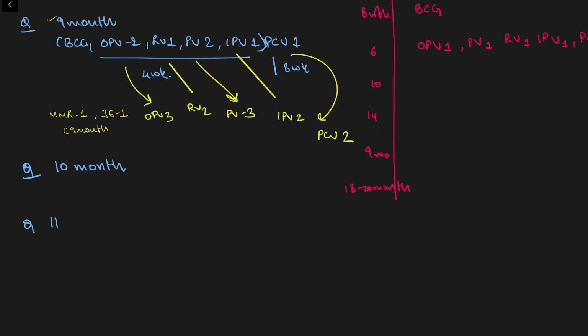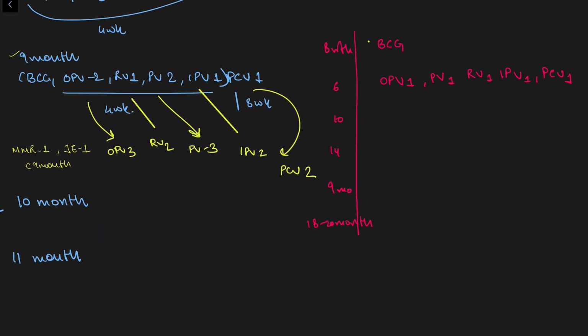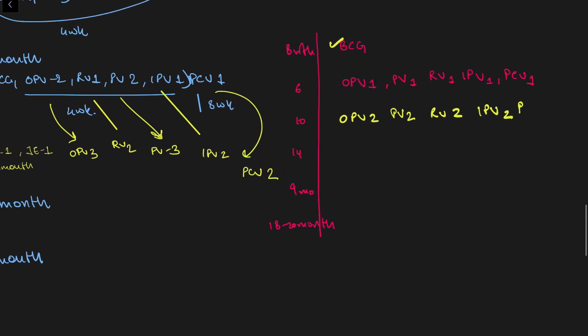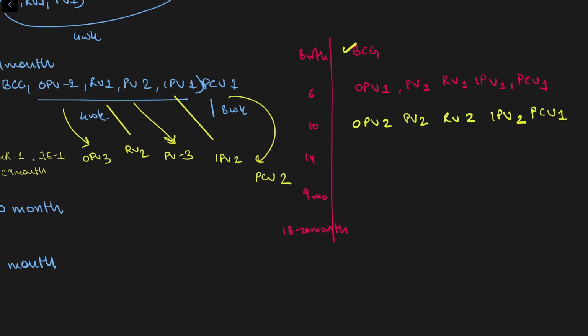Now, an 11-month-old child, so he has received BCG, OPV second dose, rotavirus second dose, IPV first dose. Also, pentavalent second dose and PCV first dose. Right. And JE first dose.